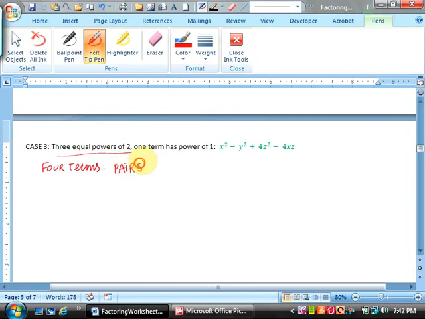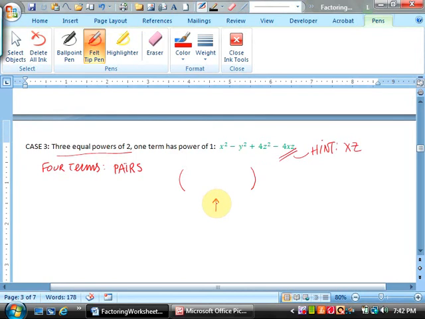How can I pair this? Well, there is a hint here. Look at this guy, the guy that does not have power of 2. This guy is telling us, and I'll call it hint, that we should really work on variables x and z. Yeah. So we're going to rewrite this way.